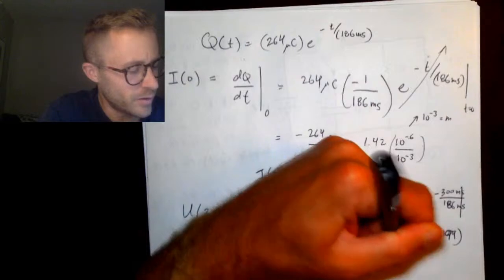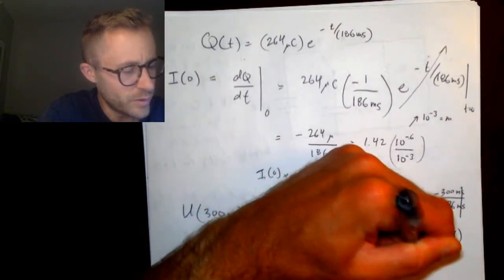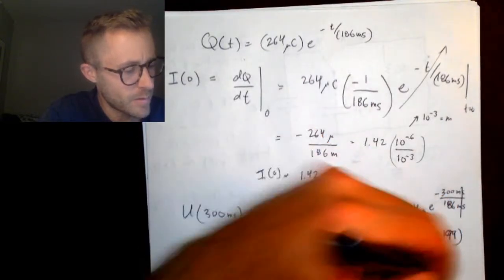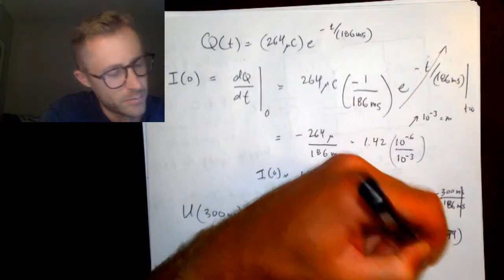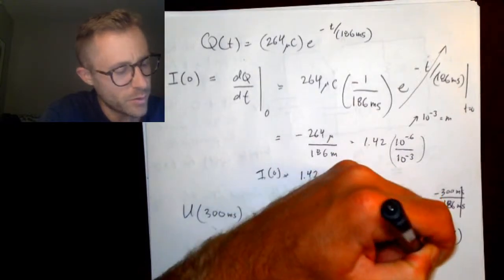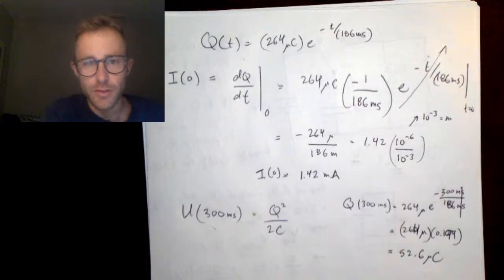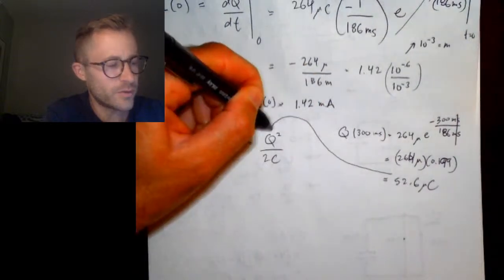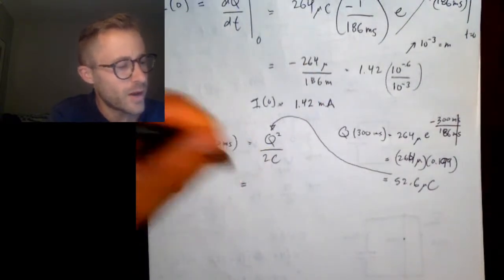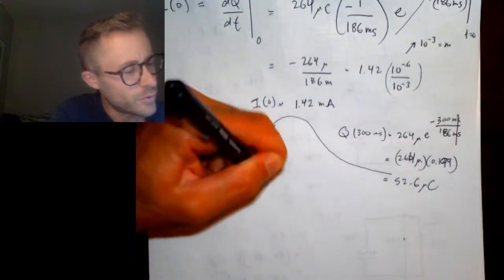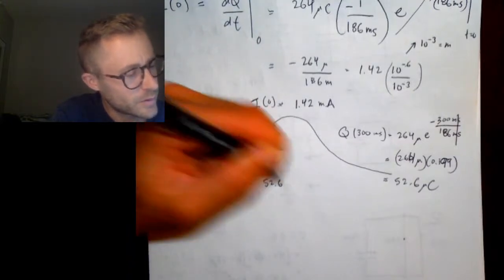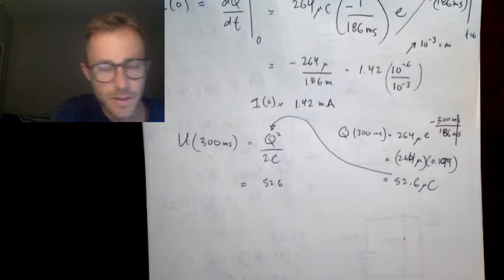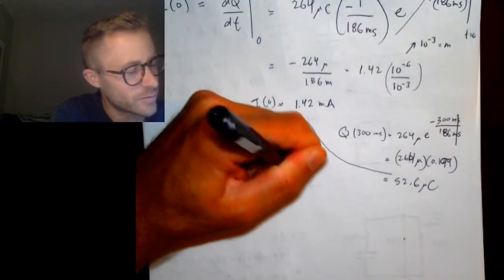Which gives me 52.6 microcoulombs is the charge on the capacitor at that time. So that's what I'm going to then plug into this equation. So I have 52.6 times a micro, which is 10 to the minus 6.